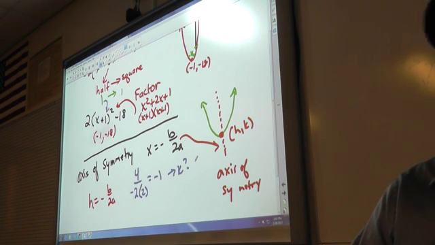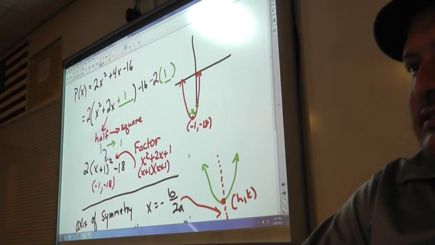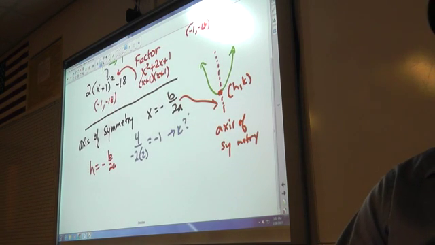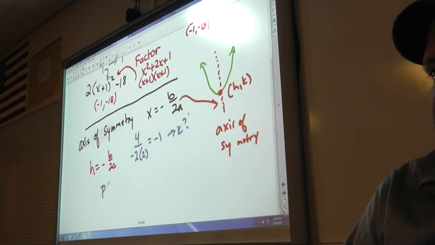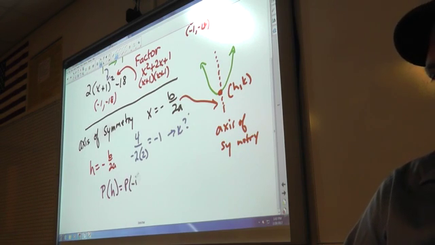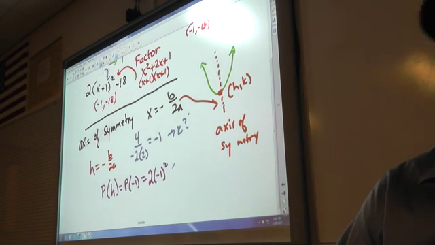You got to plug it into the formula. Now sometimes this is easier, sometimes it's not. Negative 2x squared plus 4, blah, blah, blah. Let me remember that. So now I got to do p of h, which is p of negative 1. I already forgot it, negative 2 times negative 1 squared plus 4.